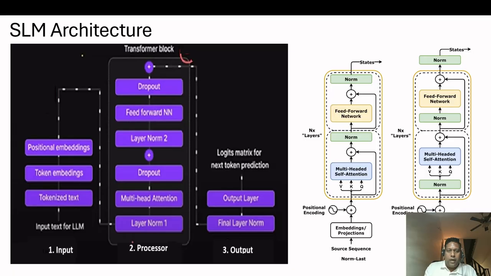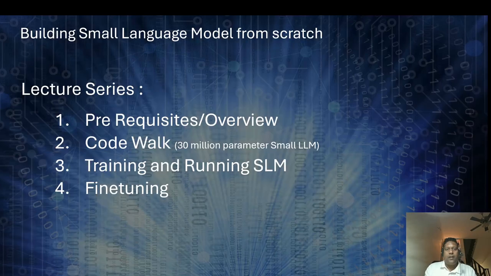So now that's a lot of theory that we went through. In the next lecture series, we will jump right into the code walk, where we will build from scratch a 30 to 50 million parameter small language model, and then subsequently train it and fine tune it and see how the result looks.